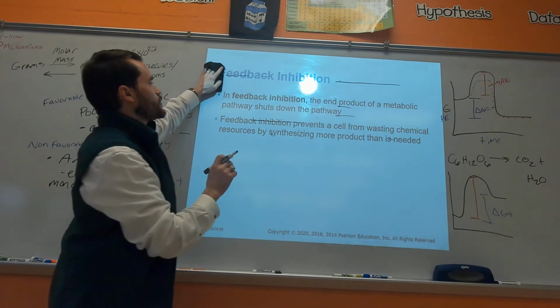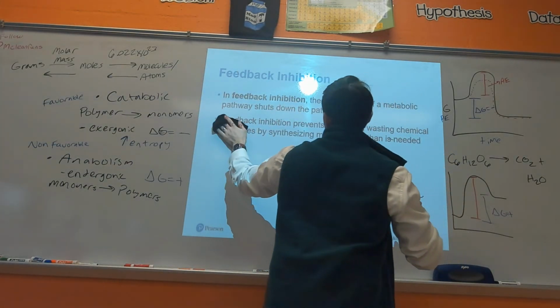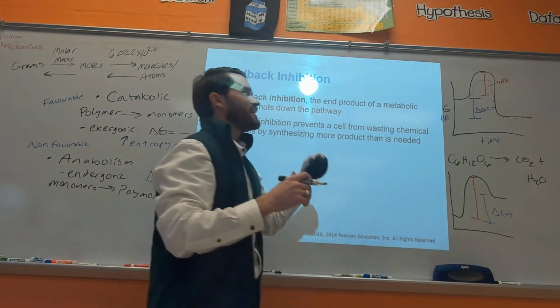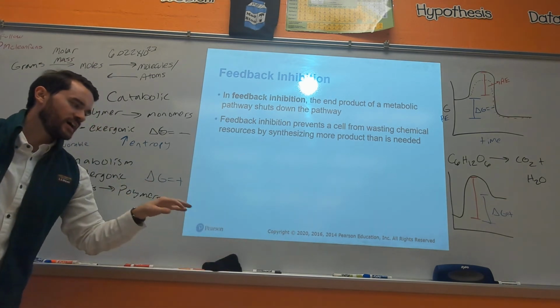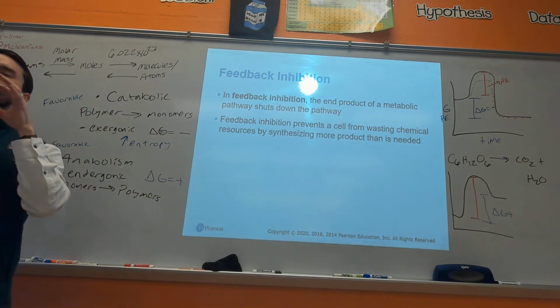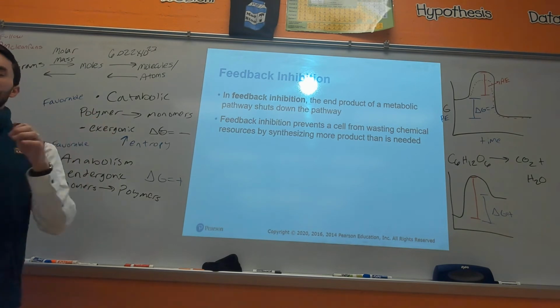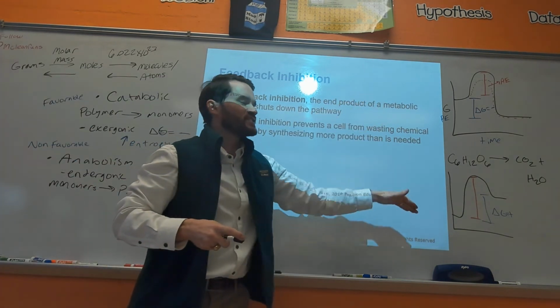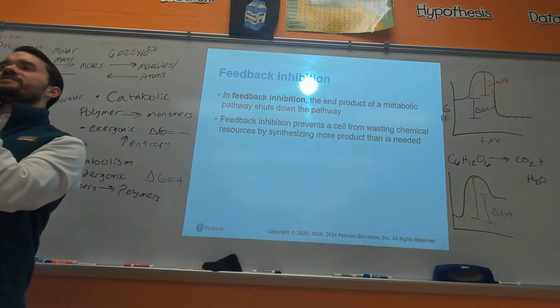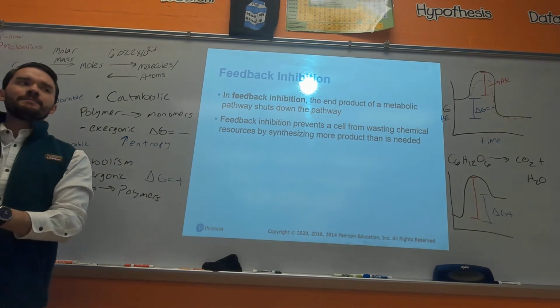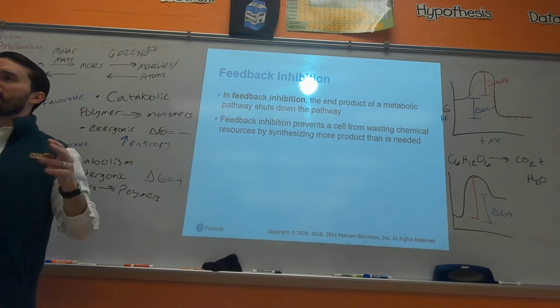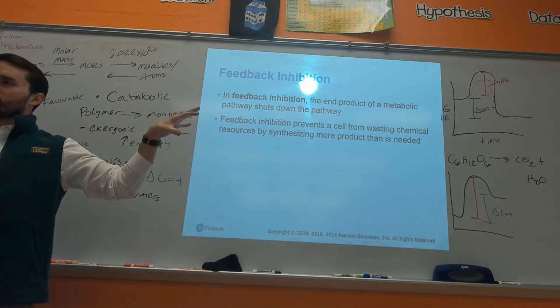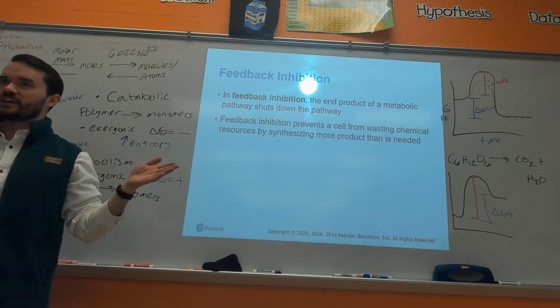Okay, I want to talk about a really, really important way that we regulate these metabolic pathways. Because I've just been talking about enzymes and reactions as if they're separate things, but you have to remember that chemical reactions are almost like a pinball game where they're all connected to each other. Or an assembly line is a better way of thinking of it.